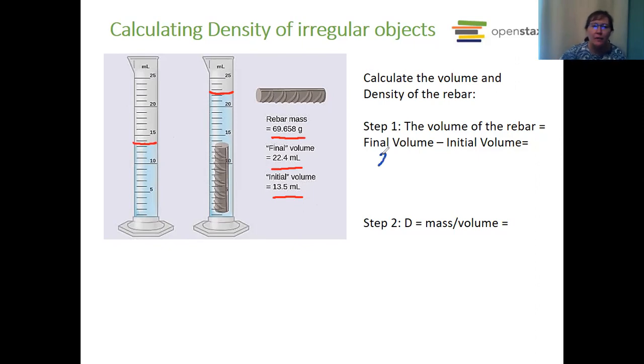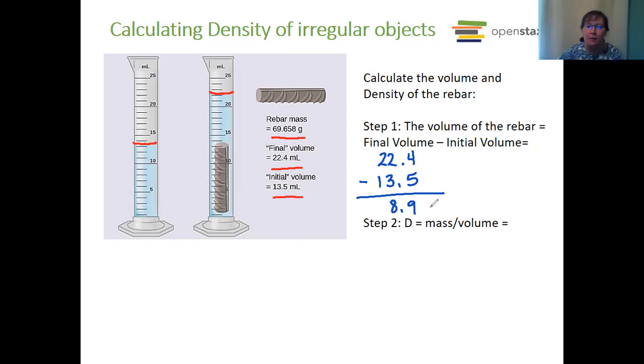So we have 22.4 minus 13.5. The reason I stacked them like this is so that you could see our significant figures. So 22.4 minus 13.5, and we get 8.9. Now the water is in milliliters because it's a liquid, but the rebar is a solid.